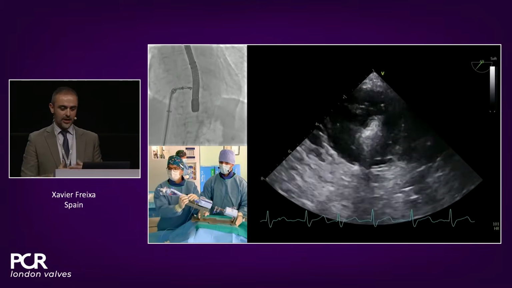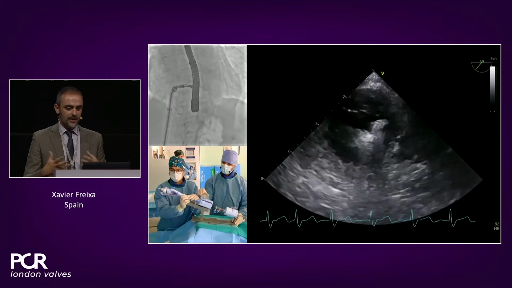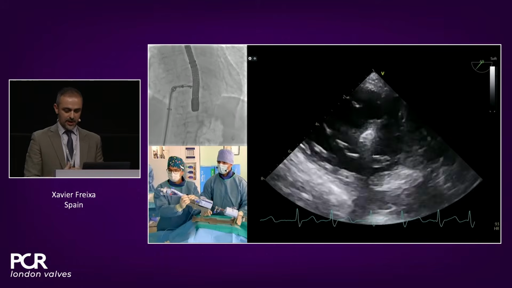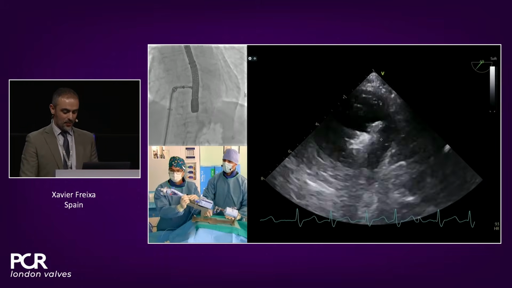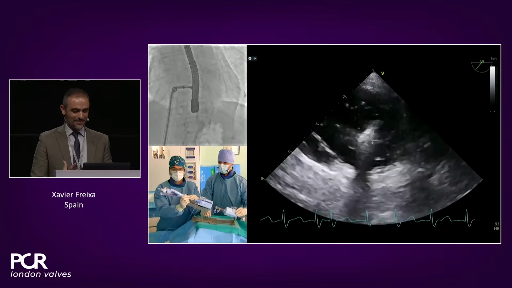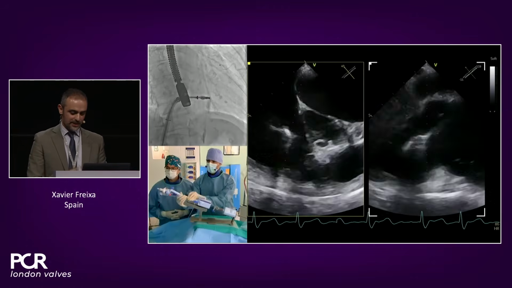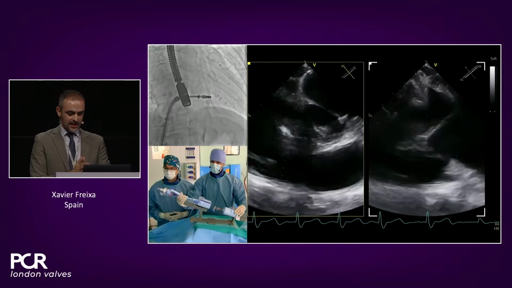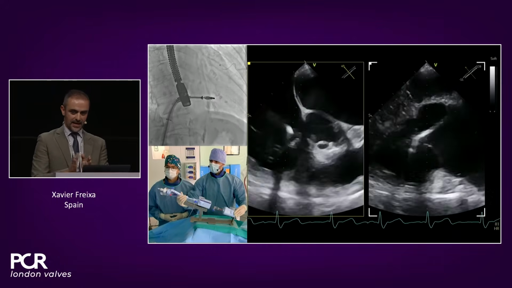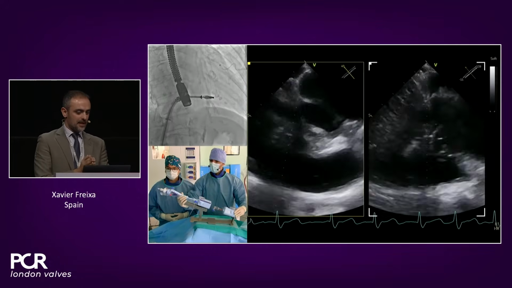With this new generation, you have the ability to move the grippers individually. This is something that we might see in the case, but it's really useful for tricuspid especially.